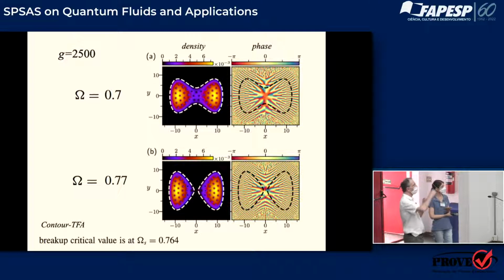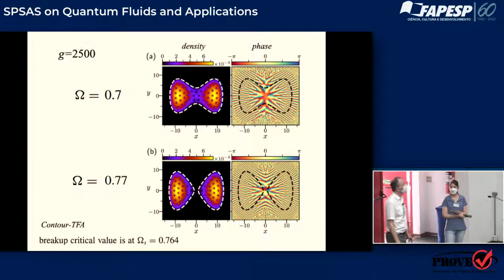So we don't have full control over whether there are degenerate states, or whether this is the exact ground state of the system. But we can follow and see the energy going down, down, down. So we do many simulations. We start with different initial conditions, in imaginary time or with Newton conjugate gradient methods, and they usually go to these shapes or very similar ones. So I cannot fully guarantee that this is the ground state.